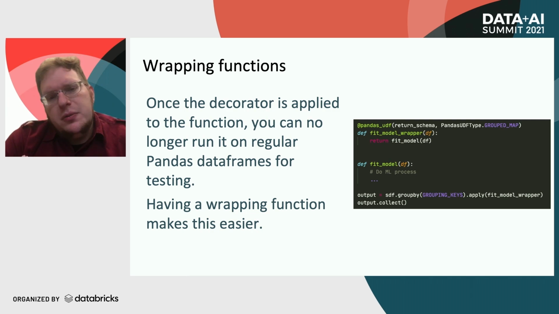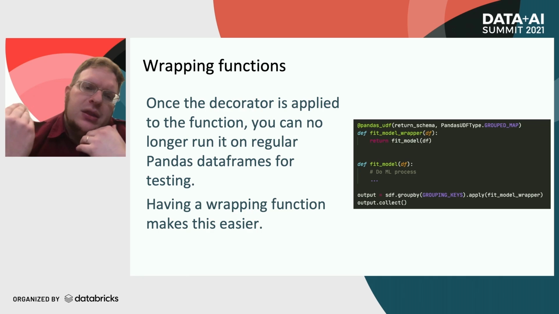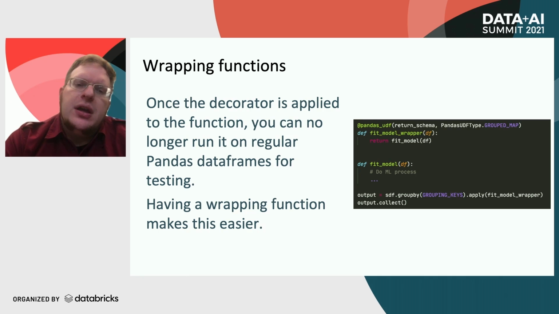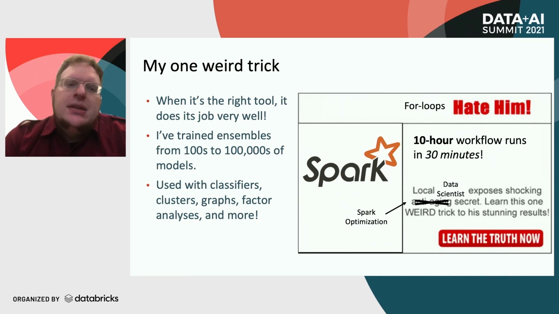So the fit model function is left alone. I can throw pandas data frames at that, but the wrapper function will get the PandasUDF decorator, and that's the function that gets run in my group by apply. And that's basically it. This has really become my one weird trick for productionalizing workflows.